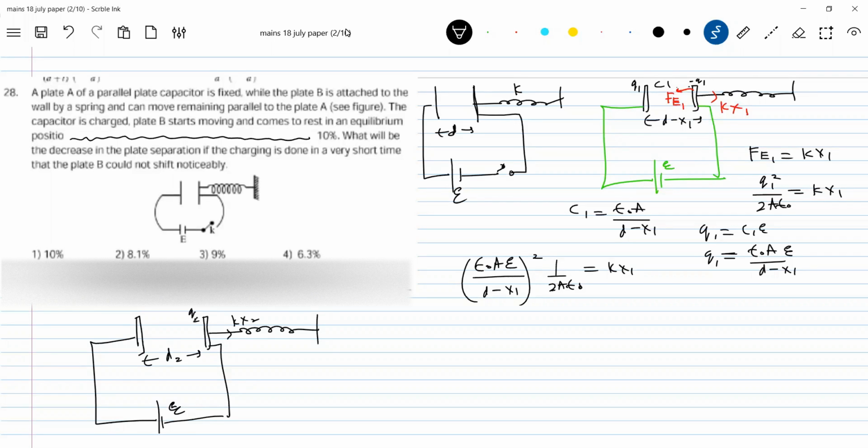The charge, let it be Q2, plus Q2 and minus Q2. This happens suddenly, it charges here. Here it comes to equilibrium gradually. It's telling it comes suddenly. In that case, the separation between the plates, let it be equal to D2.